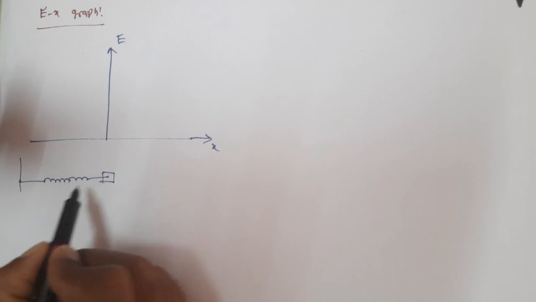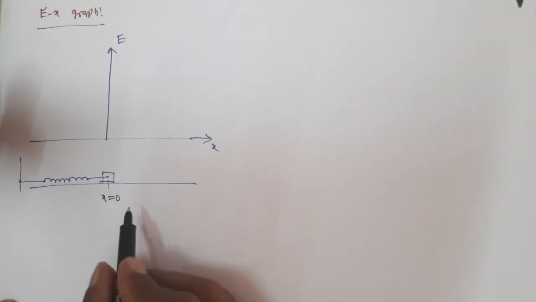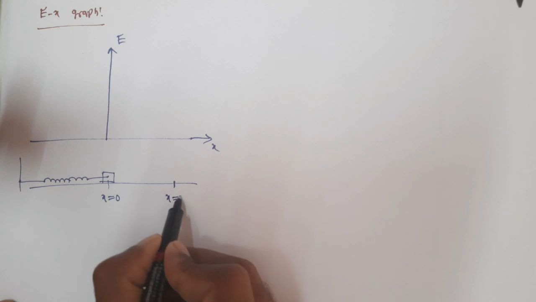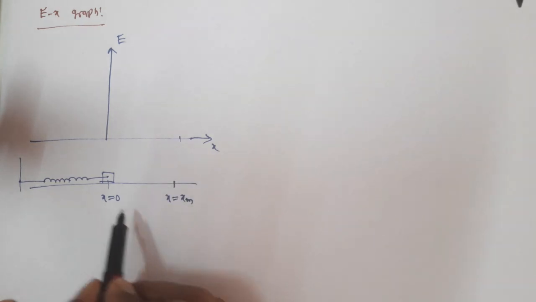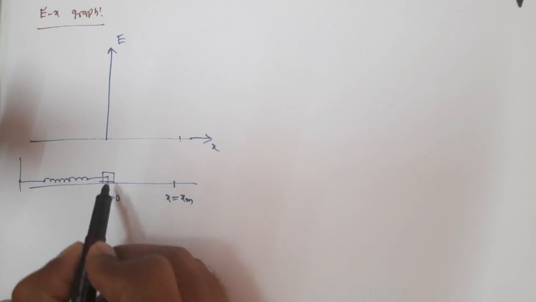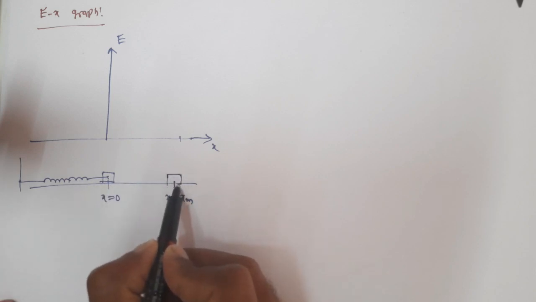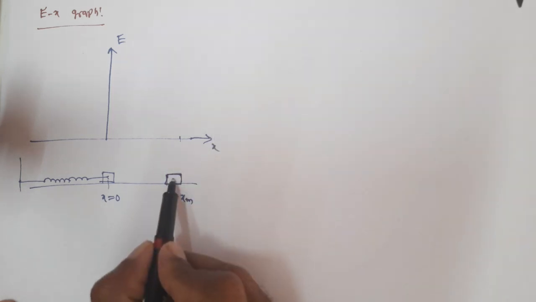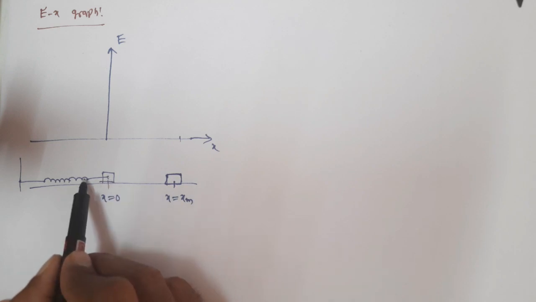Initially the block is here, at x equal to 0. Now we are stretching the block from here to here, that is x equal to, let us call it xm, the maximum displacement. Whenever the block is moved and the spring is stretched, initially the kinetic energy of the block is 0, but there is maximum energy stored in the spring, that is potential energy.